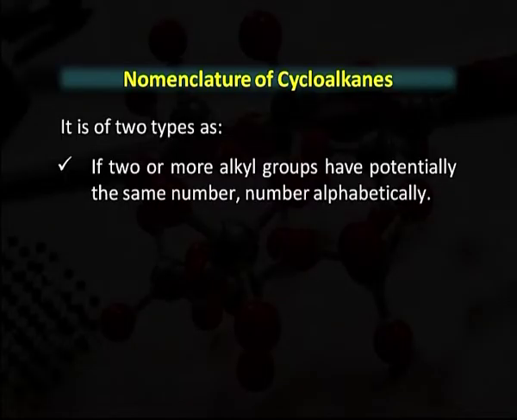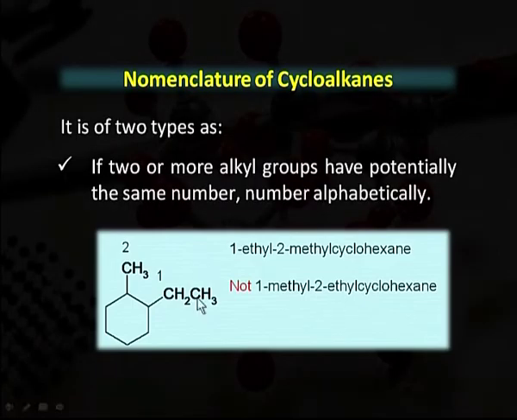If 2 or more alkyl groups have potentially the same number, list them alphabetically. This is the ethyl group, that is CH3CH2, and this is the methyl group. According to alphabetical order the name will be 1-ethyl-2-methylcyclohexane instead of 1-methyl-2-ethylcyclohexane.